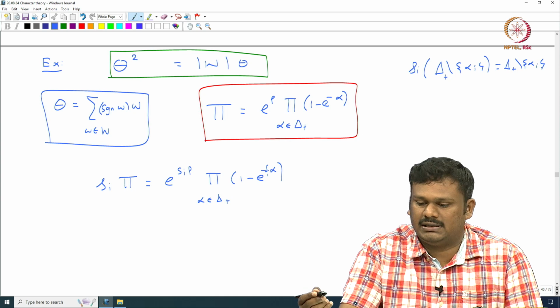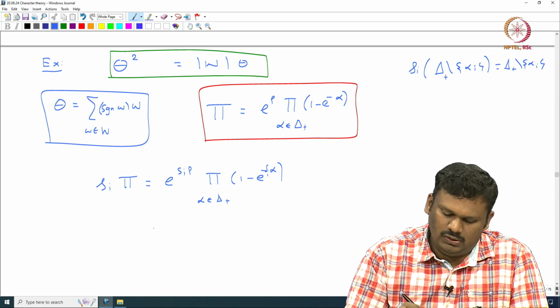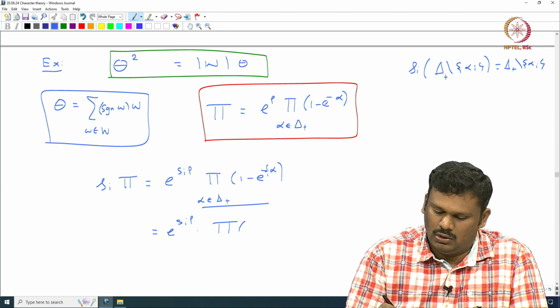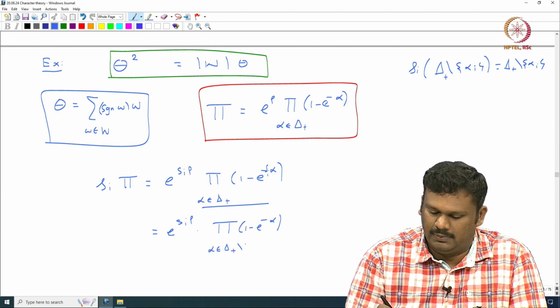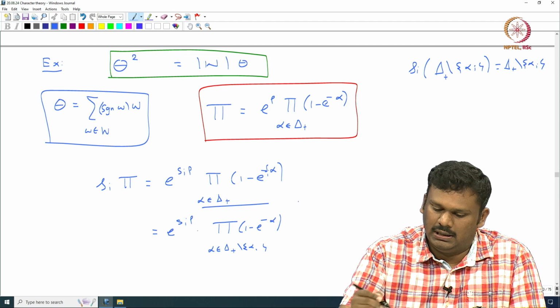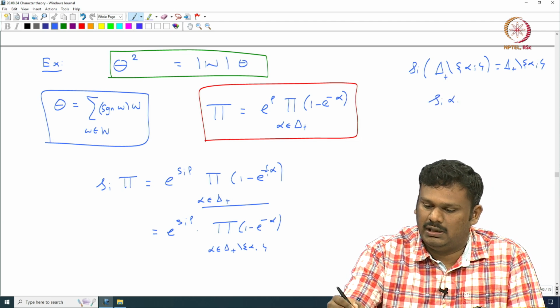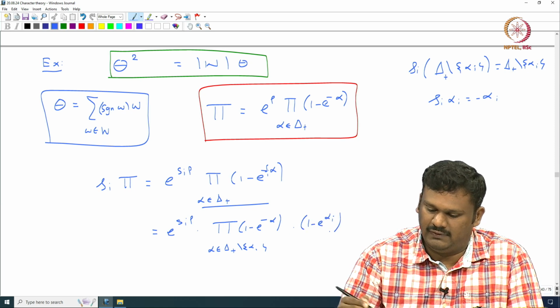That means except alpha i, it permutes all other positive roots. Then you can write this as a product of two things: e power Si rho times product 1 minus e power minus alpha, alpha comes from delta plus minus alpha i, then Si of alpha i is going to be minus alpha i. If you use that, then this is 1 minus e power plus alpha i.